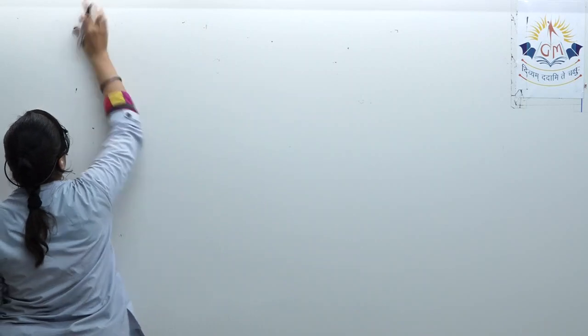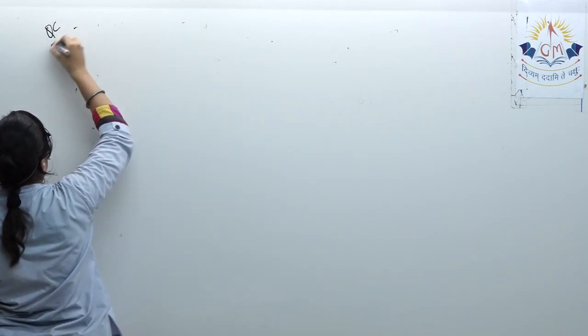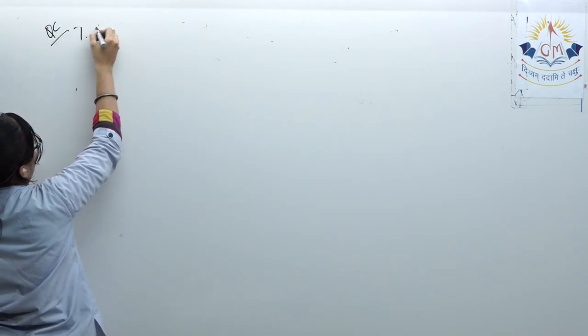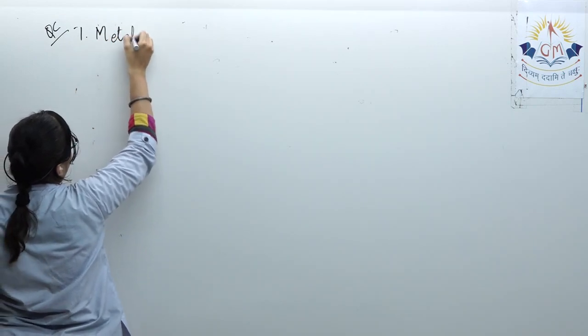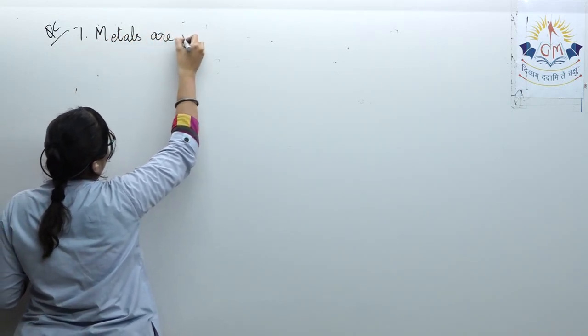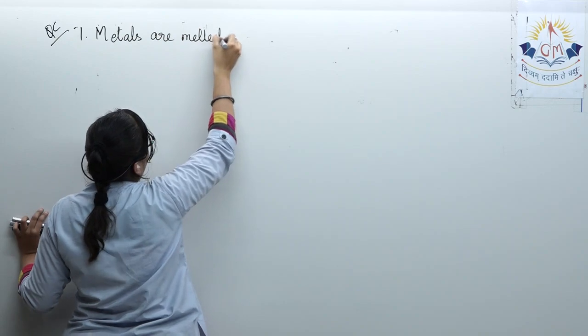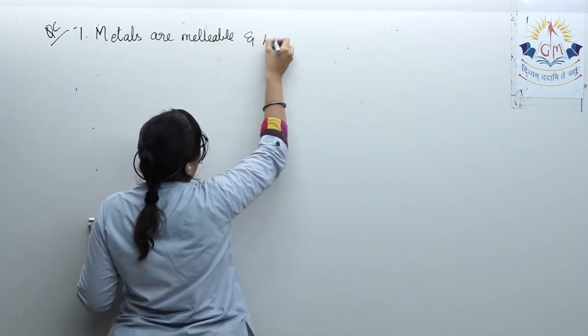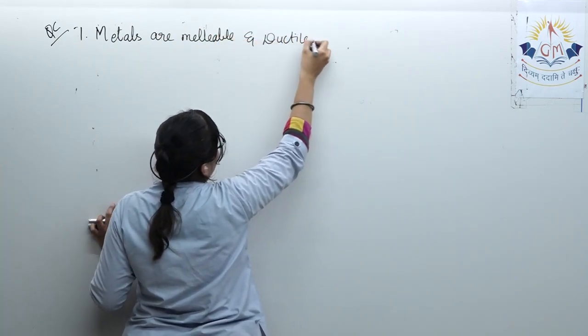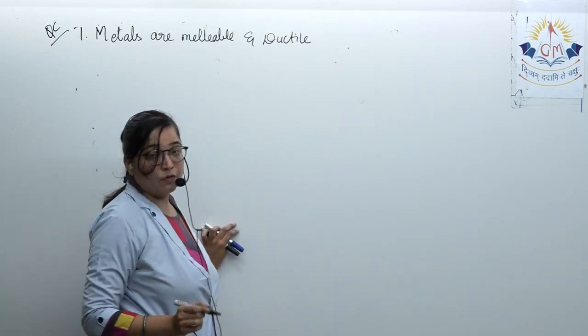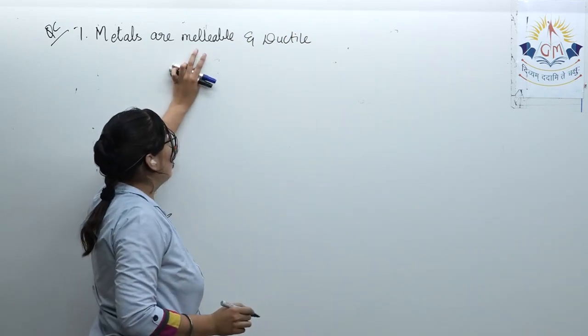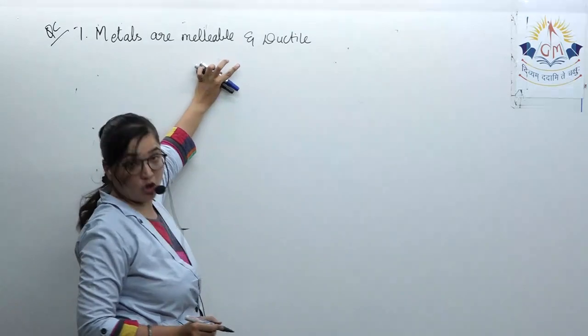Okay, so let us mention few physical properties. This is main question C in that first one. Metals are malleable and ductile. You can explain them by using the example of aluminium and copper.